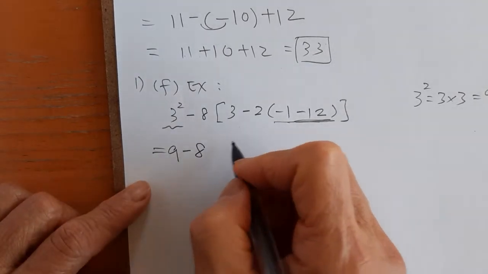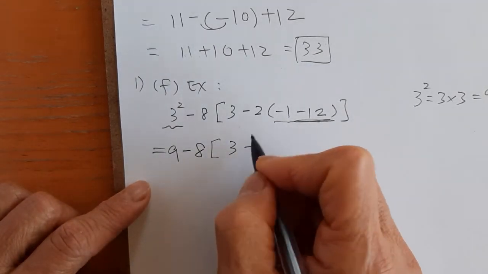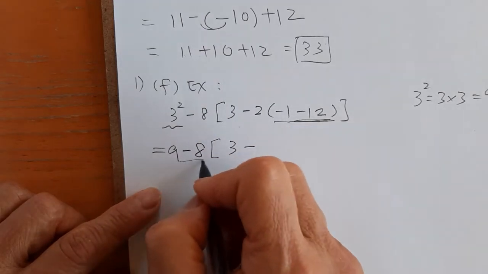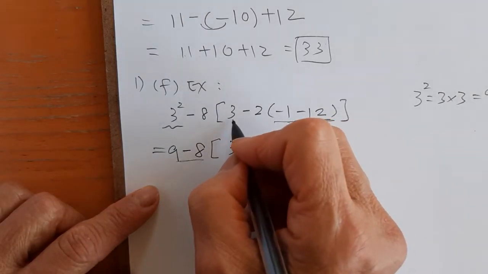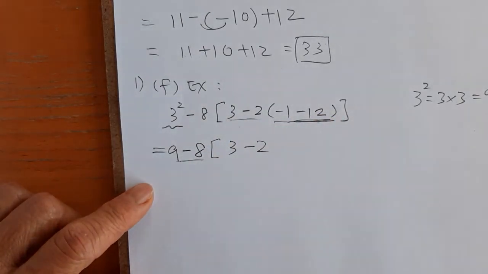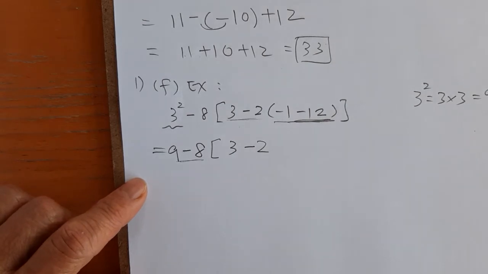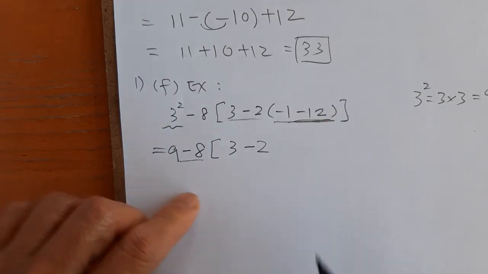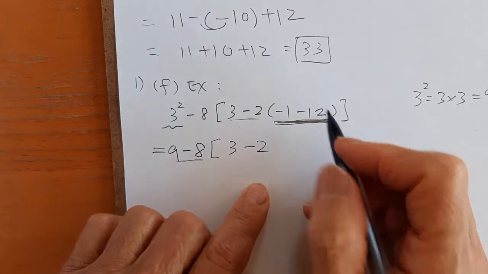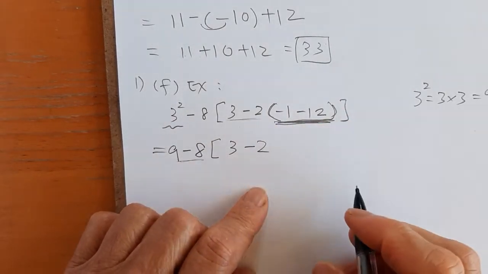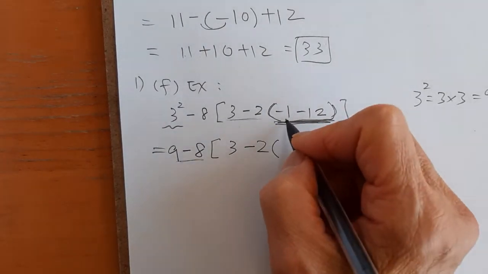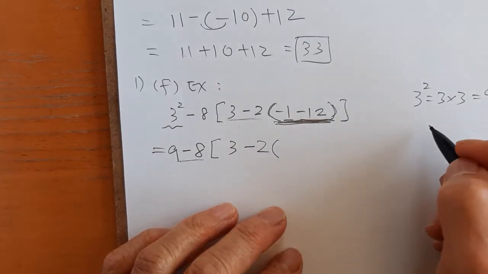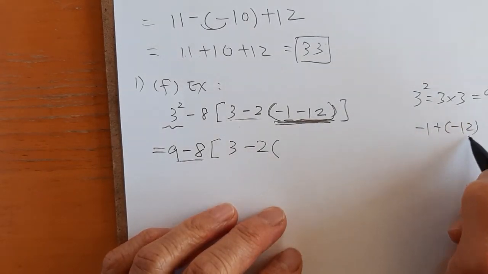Then minus 8. Then 3 minus, you cannot do this minus. You cannot do 3 minus 2, because addition and subtraction is the last step. First, you have to finish inside the grouping symbol. So negative 1, negative 12 is negative 1 add negative 12.